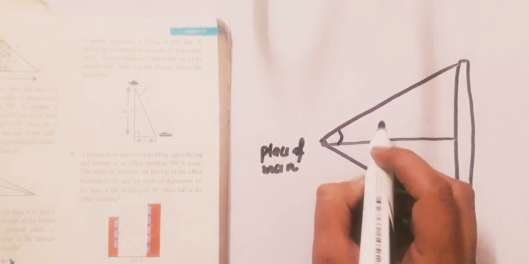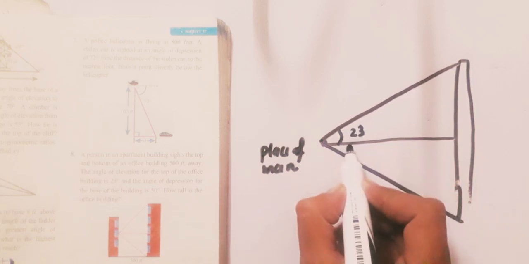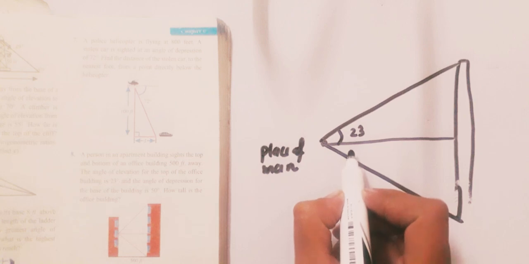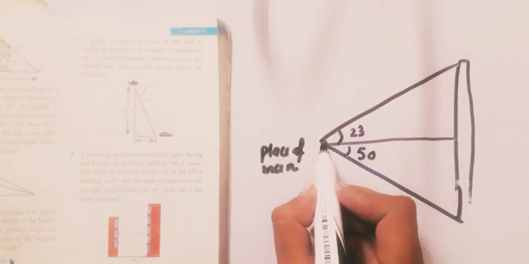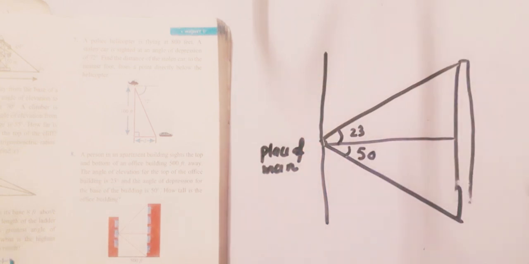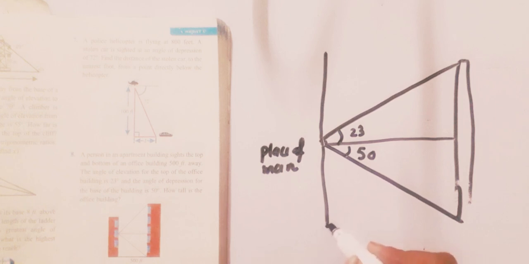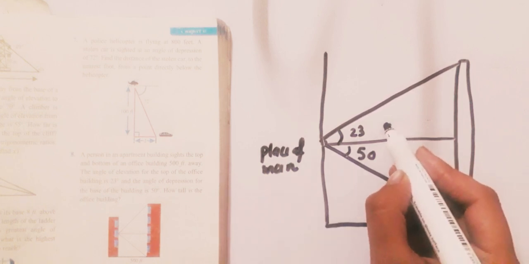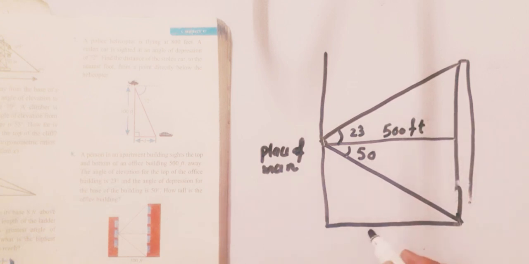The angle of elevation is 23 and the angle of depression is 50, and this is the apartment building. So this distance is 500 feet and this is also 500 feet.